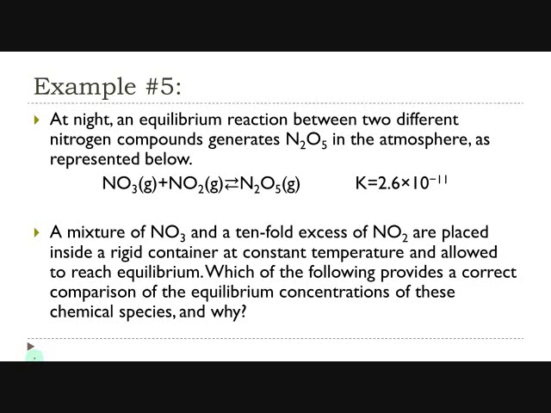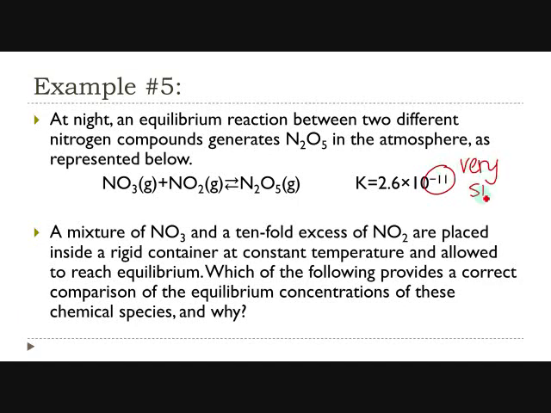Before we even switch slides, let's just talk about our K value. It's times 10 to the negative 11. Is that very big or is that very small? That is very small. When we're talking about big and small, we're looking at that exponent right there. So that means that it is very small.